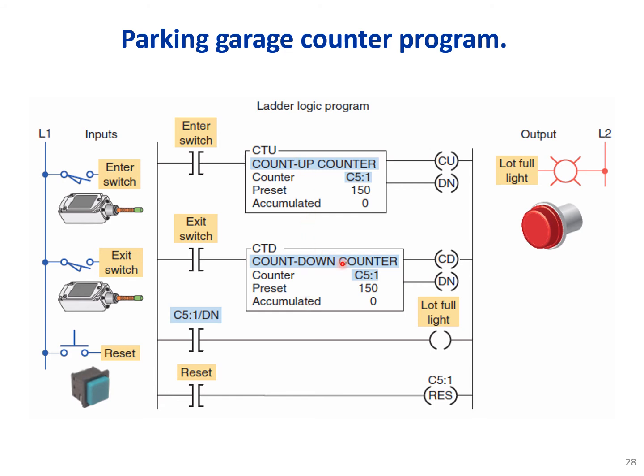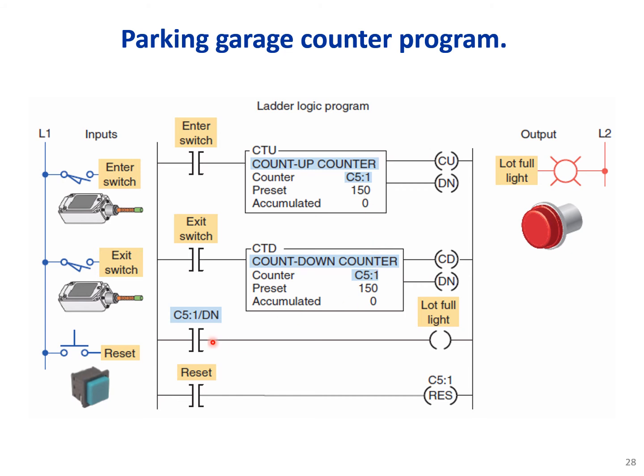And look, we are using the same counter, so you see that the address is the same, C51. It means that this counter is an up-down counter, and the preset value is 150, maybe because the capacity of the parking is 150 cars. We cannot have more than 150 cars inside the parking.